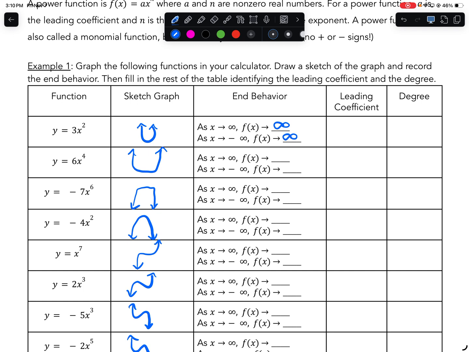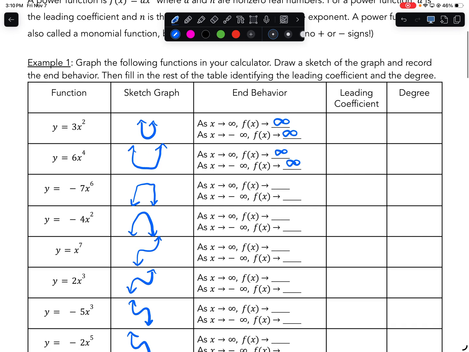So we're going to fill out this whole end behavior chart. This one's the same thing, both positive infinities because it's going up on both ends. This one's going down on both, so negative infinity on both. The next one down is the same, negative infinity on both.